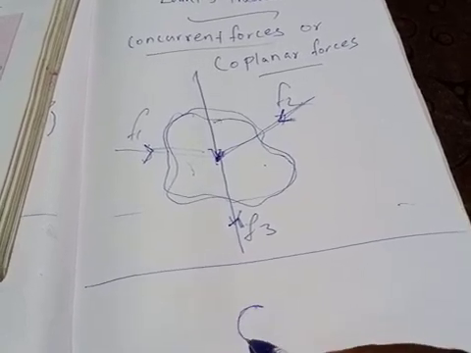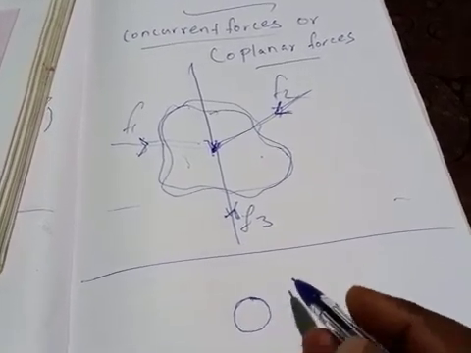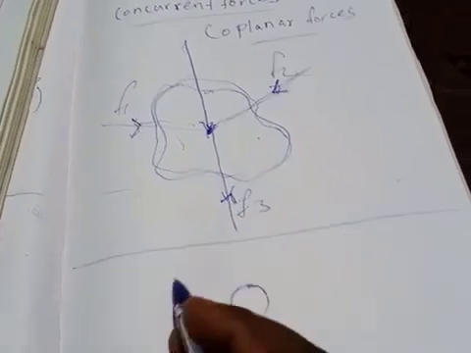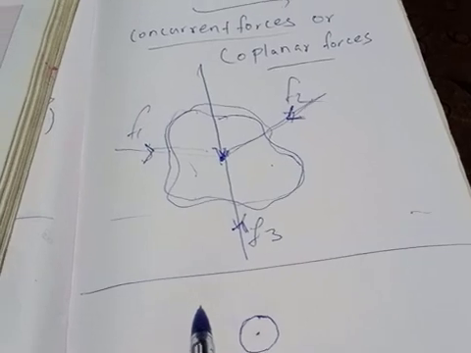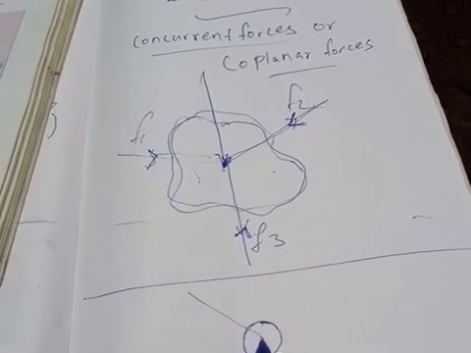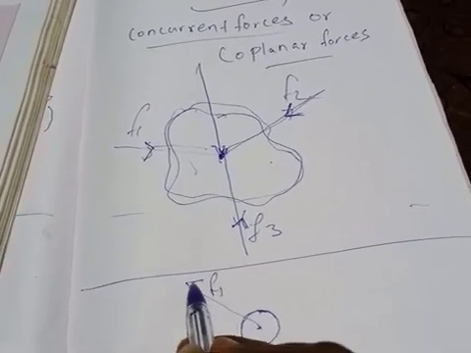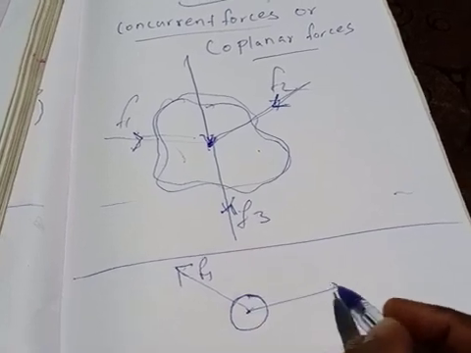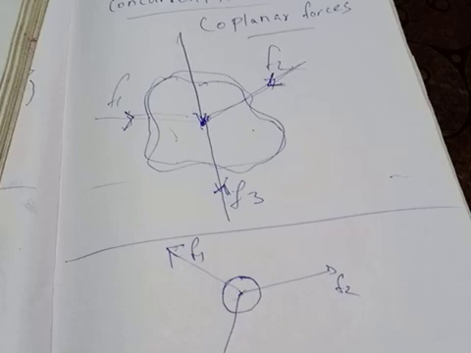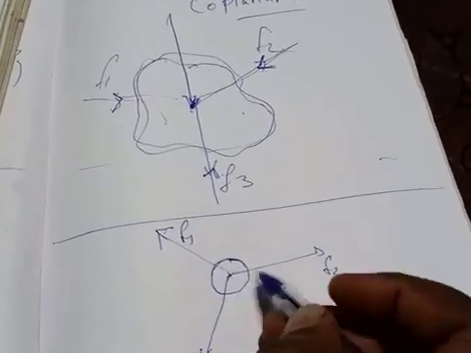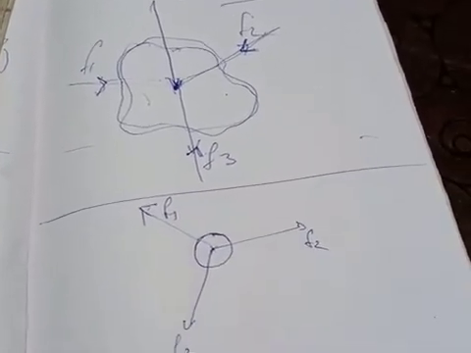Assume that this is a coplanar surface which is kept at equilibrium. So here three forces are acting at this common point. This is force 1, this is force 2, this is force 3. So three forces acting on a plane, so this is a coplanar plane.